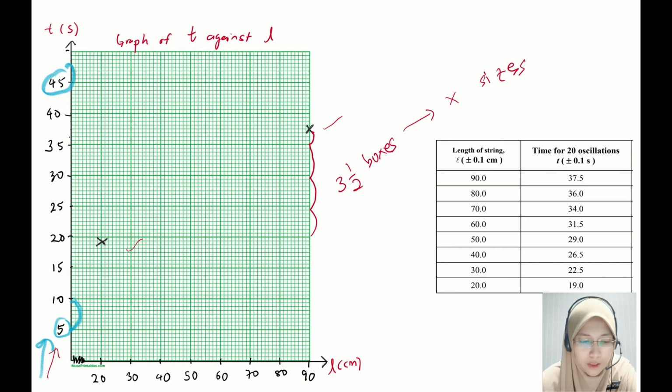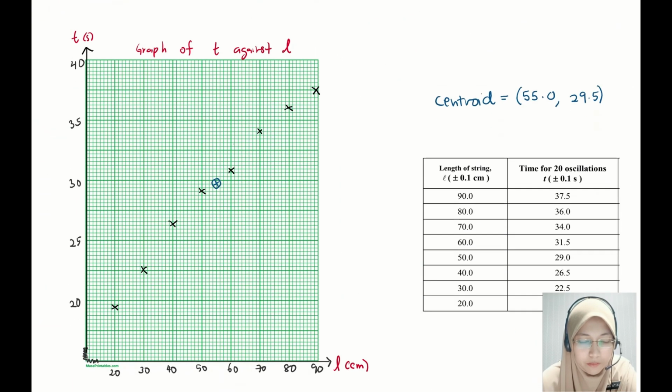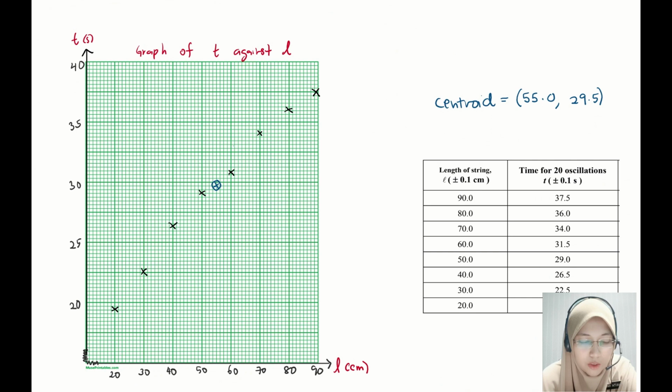A better scale means we need to expand the scale. So just now we started with 5, but this time the gap of 5 will take 2 boxes instead of only 1 box from the previous graph. Okay, so now I've changed the scale.